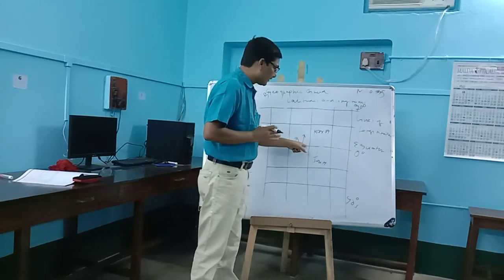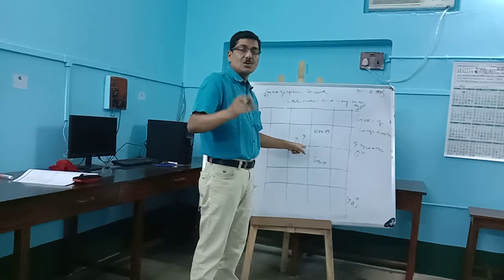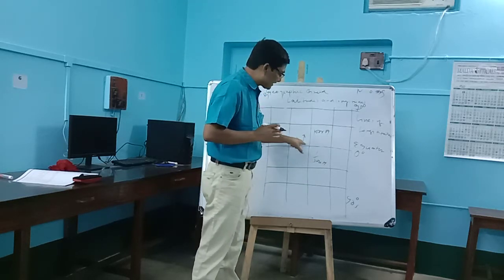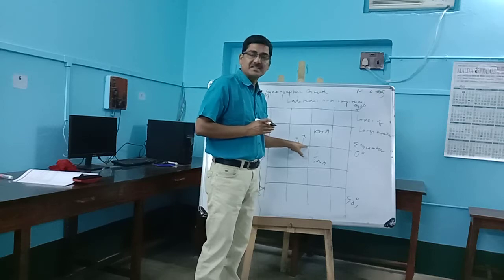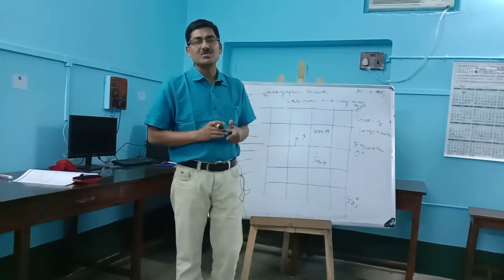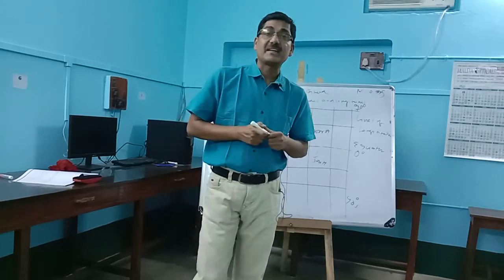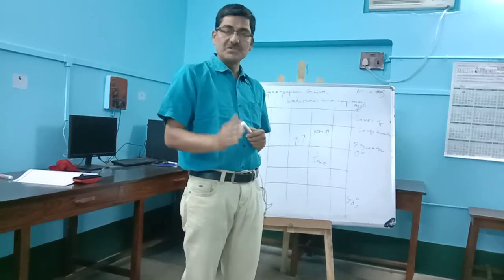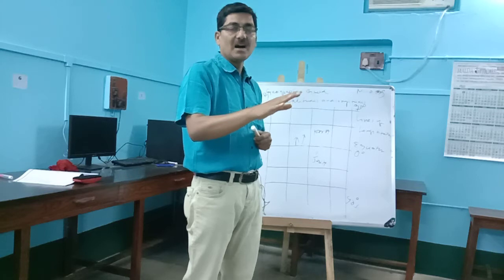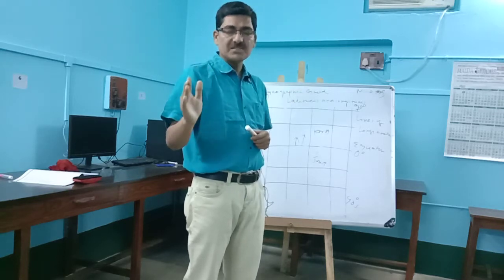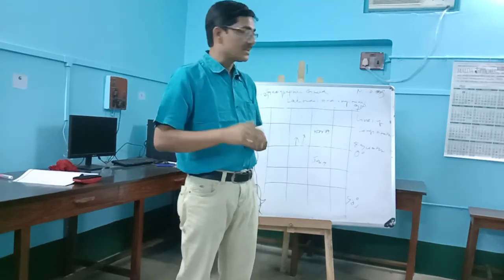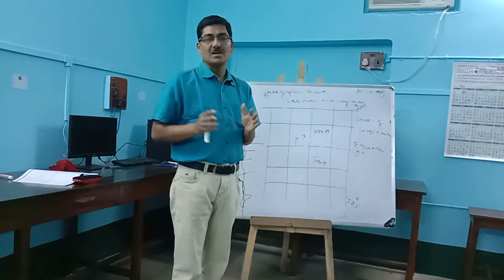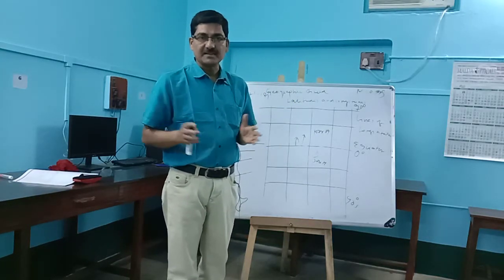We always measure the distance of any place located to the north or the south from the equator. This is the only great circle which divides the earth into two equal halves, the northern hemisphere and the southern hemisphere.